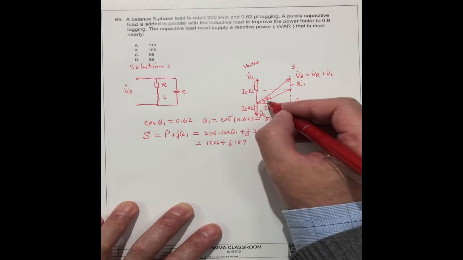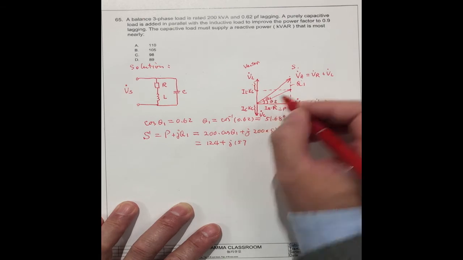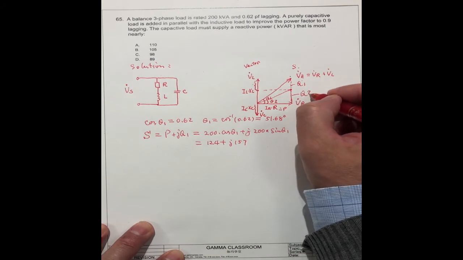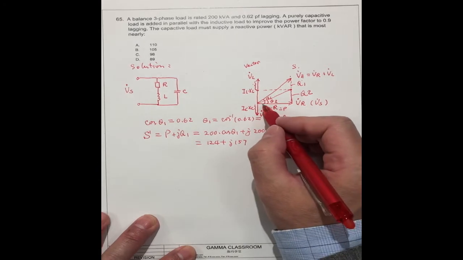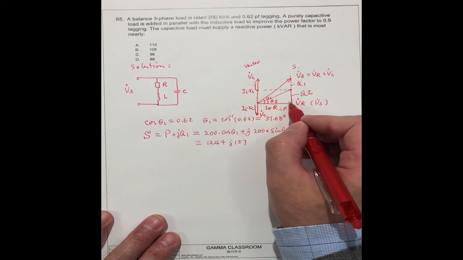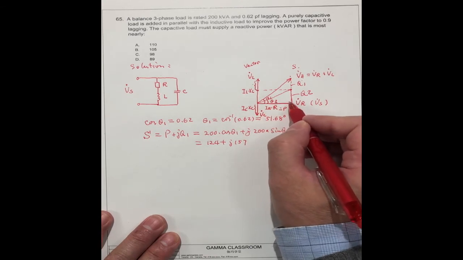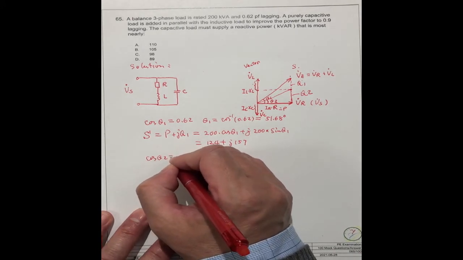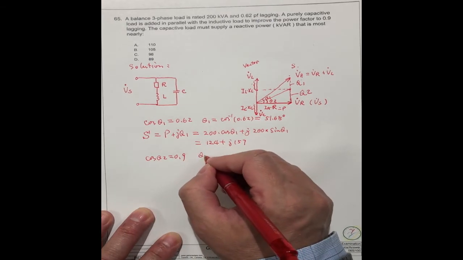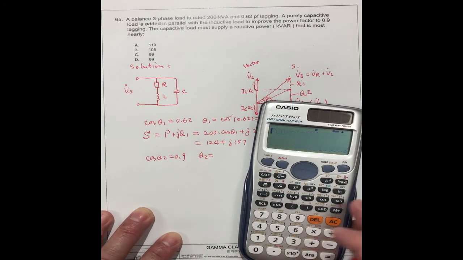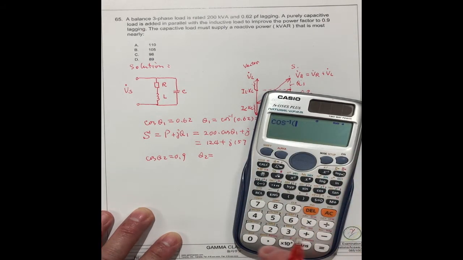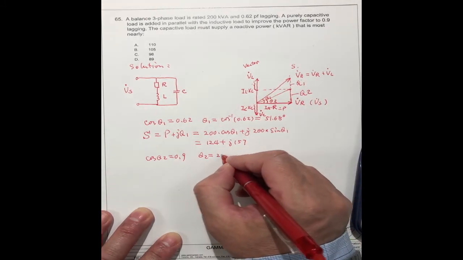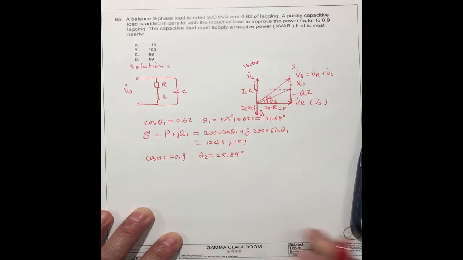This angle should be theta 2, and this side should be Q2. We know the real power has no change, only the reactive power changes, so this side stays the same. Cosine theta 2 is equal to 0.9, so theta 2 is the anti-cosine of 0.9, which is 25.84 degrees.